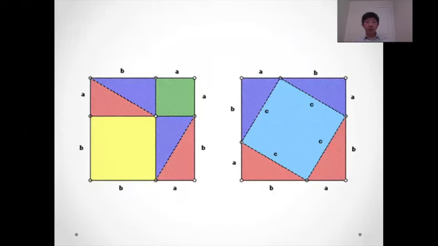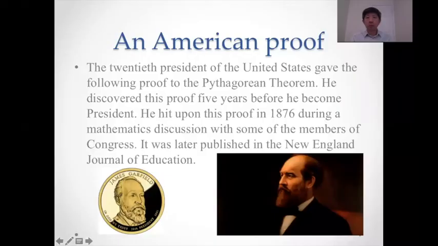All right, now take a look. Next proof is the American proof. President James Garfield, the 20th president of the United States, contributed a proof to the Pythagorean theorem. He discovered this proof 5 years before he became president.